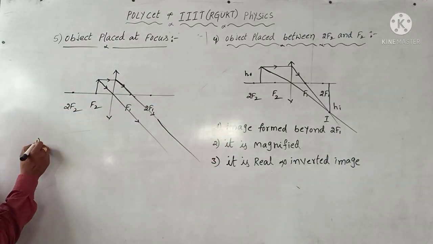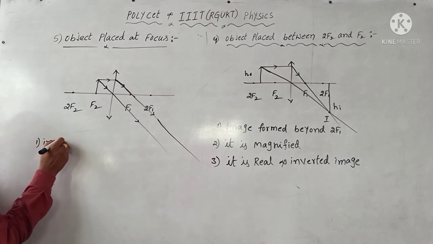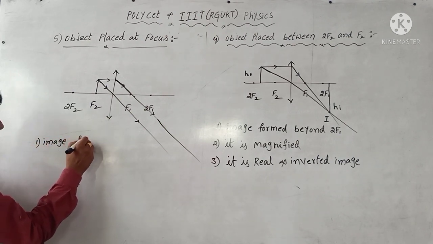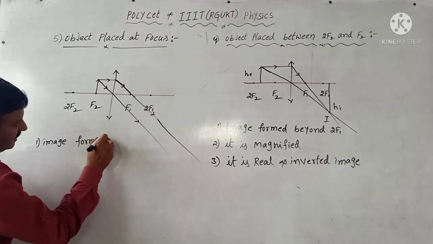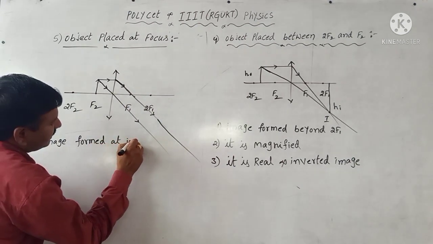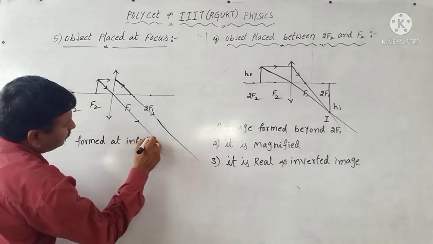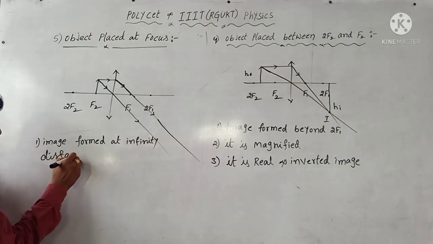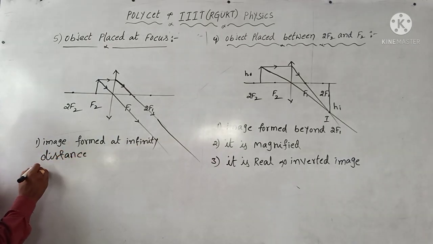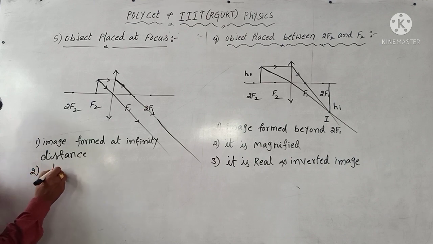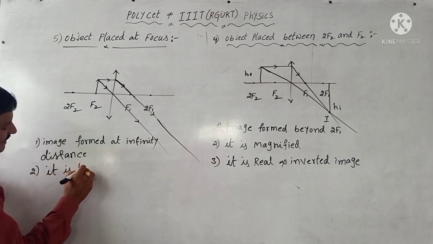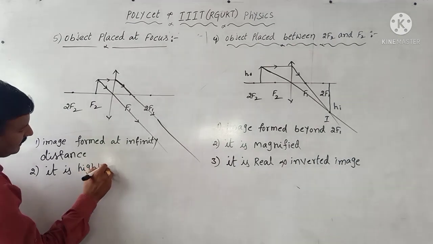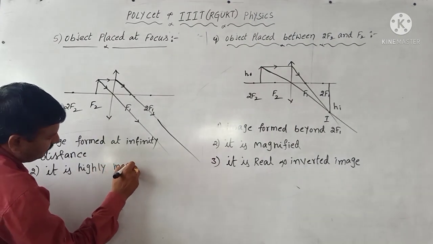So the image is formed at infinity distance. It is highly magnified.